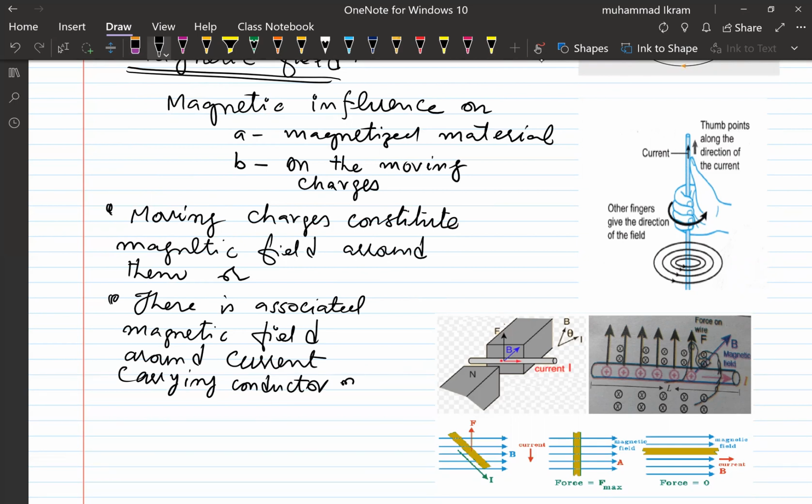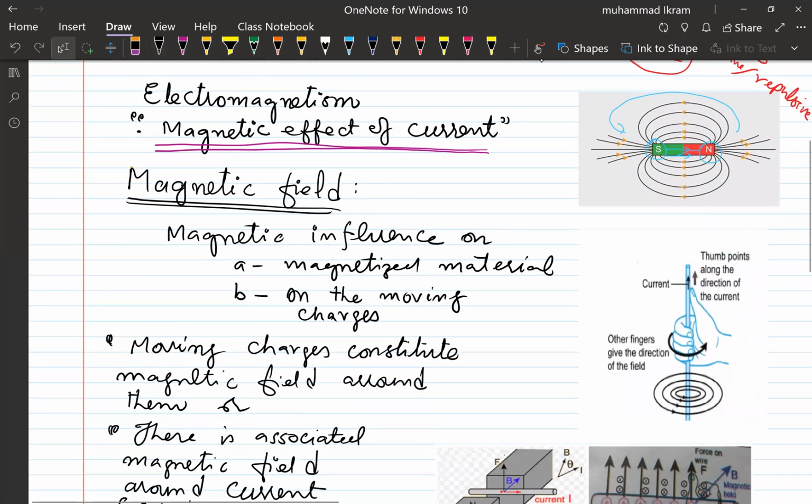Right? There are two important points which I want to tell you: the direction and the magnitude of that magnetic field. We usually denote the magnetic field strength, called the magnetic induction, by B. Now let us see this current carrying conductor.